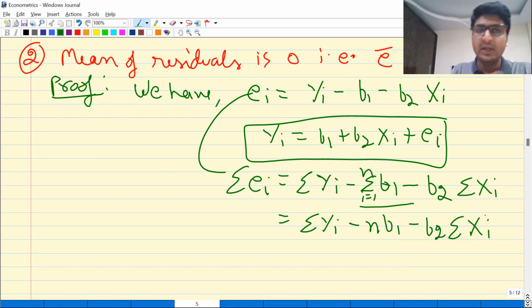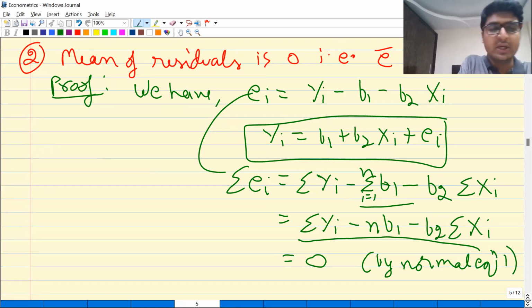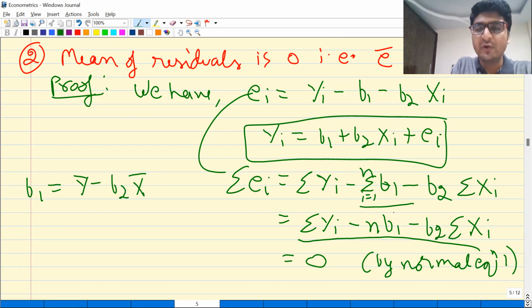And using the first normal equation, I can say that this thing is equal to 0 by normal equation 1, because b1 is equal to y bar minus b2 x bar. So if you substitute b1 with this, you will get it to be equal to 0. So again, this is also true by construction.